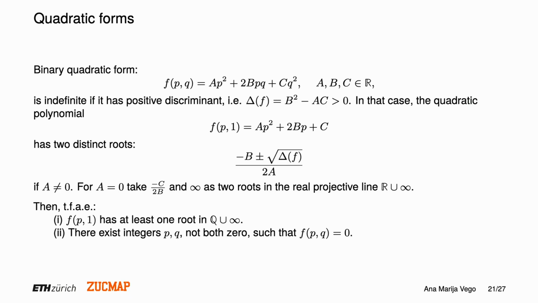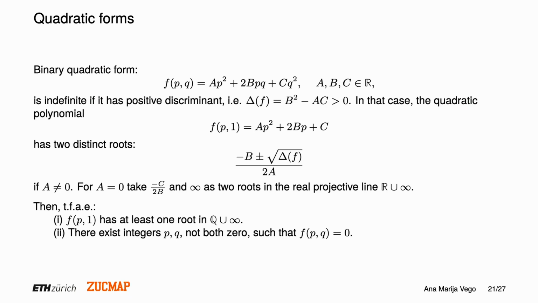And so, great, we get two roots if a is not equal to 0. If a is equal to 0, that's nonsense. But for a equal to 0, just for technical reasons, we define minus c over 2b and infinity to be the two roots in the real projective line. Now what we're interested in is how well these forms can be bounded from below.